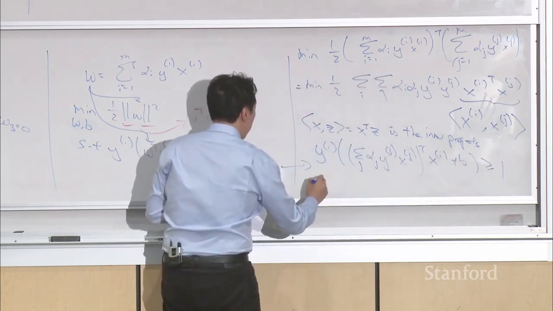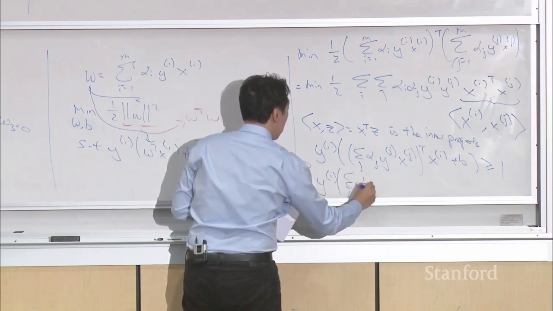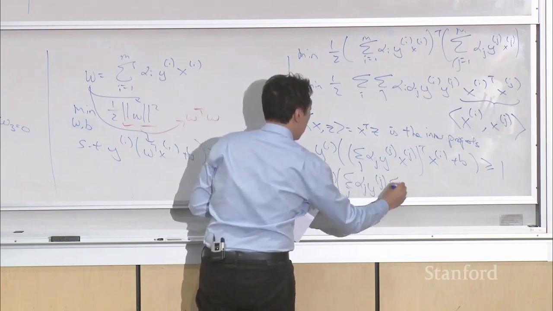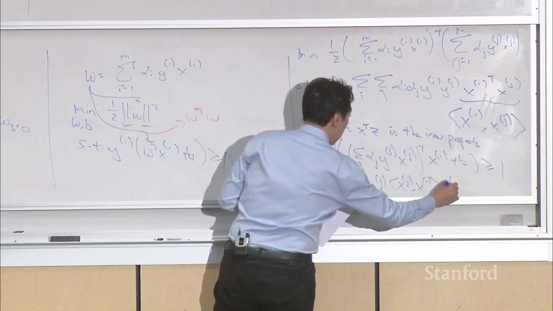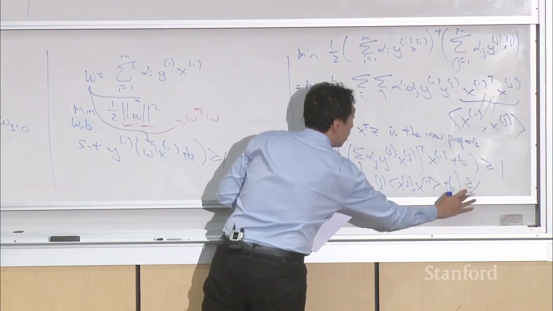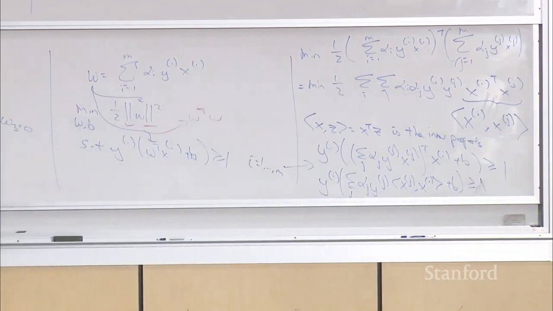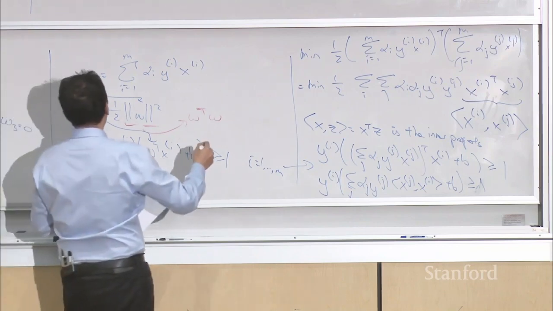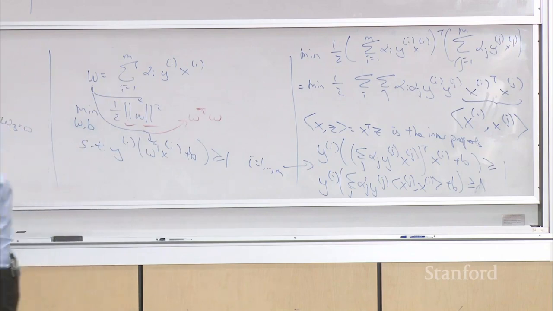And again, this simplifies if you just multiply this out, so just to make sure the mapping is clear.